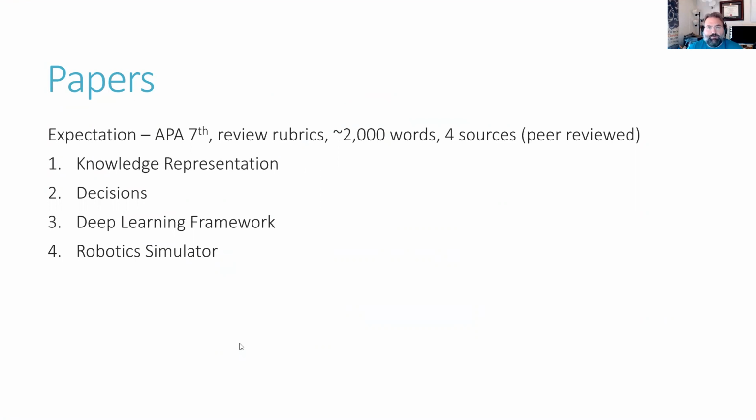It goes potentially through another round of review and then gets published. It doesn't just get published without somebody looking at it and making sure that it seems like it is real and appropriate. Your papers will be on knowledge representation, decisions, deep learning frameworks, and robotic simulator. So you'll basically be looking into robotic simulation environments, and we'll talk more about those as we get closer to them.